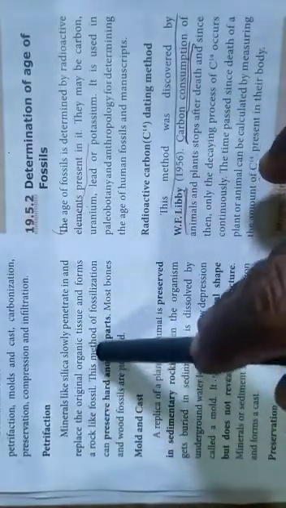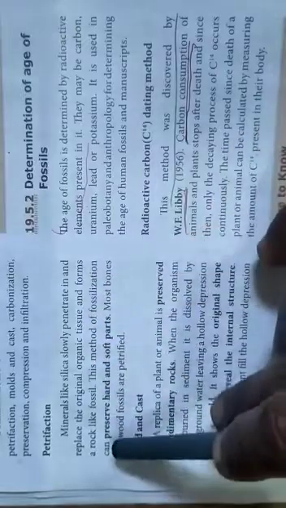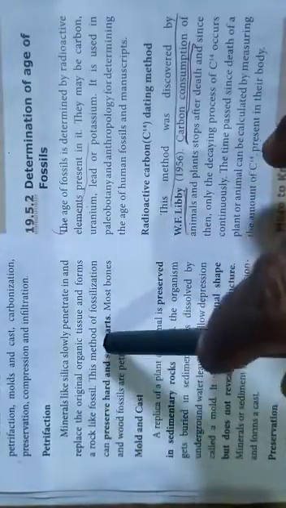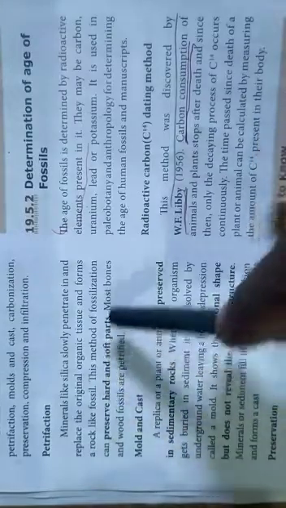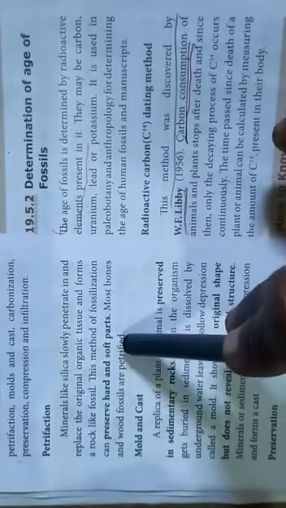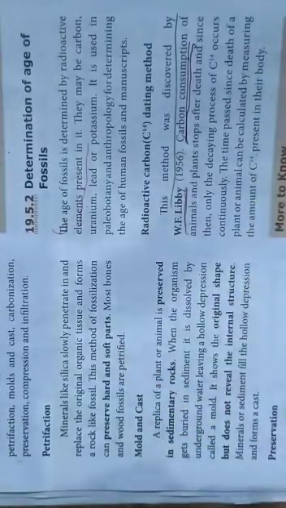This method of fossilization can preserve both hard and soft parts. Most bones and wood fossils are petrified. Understand? Next, mold and cast.